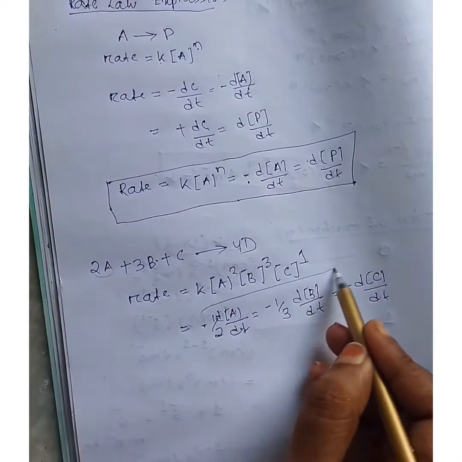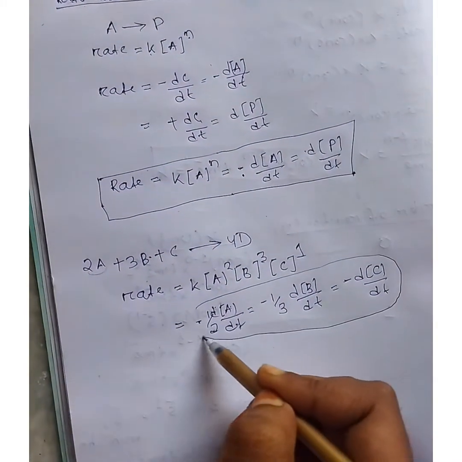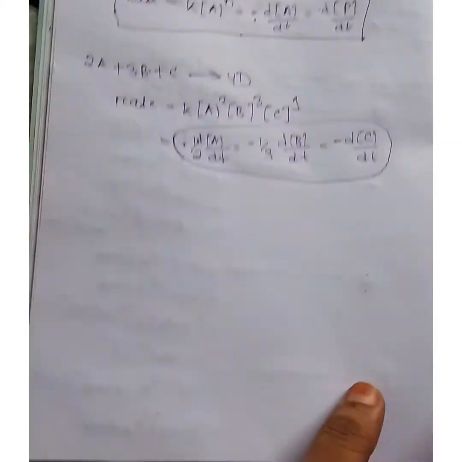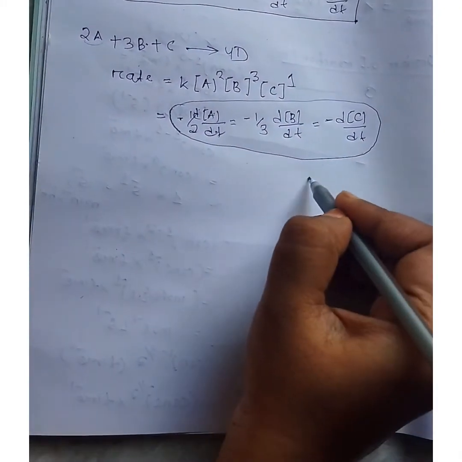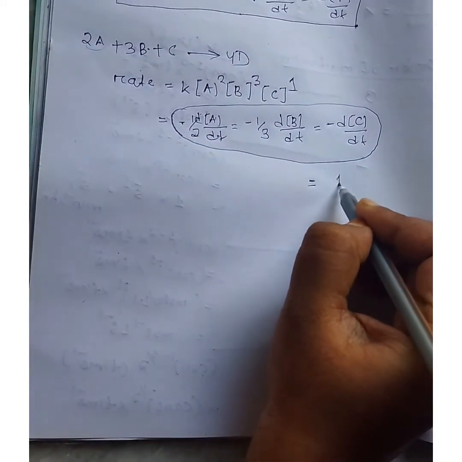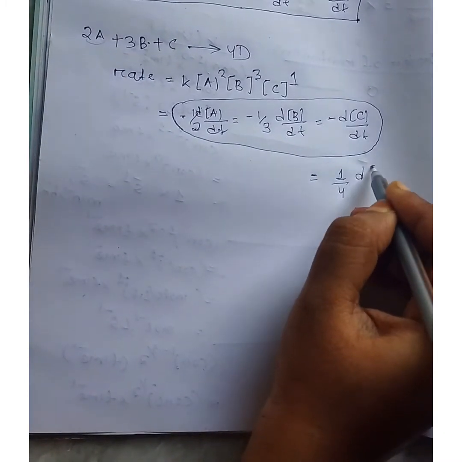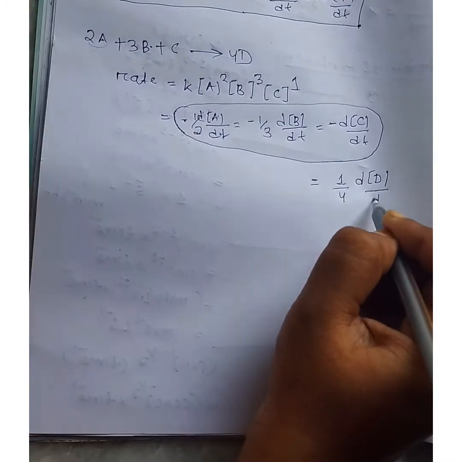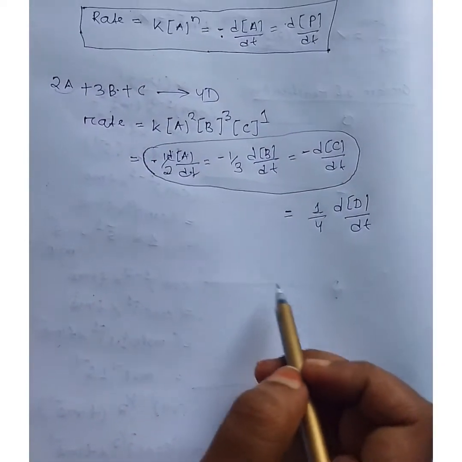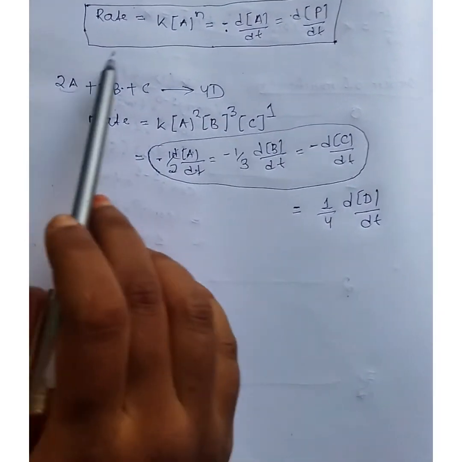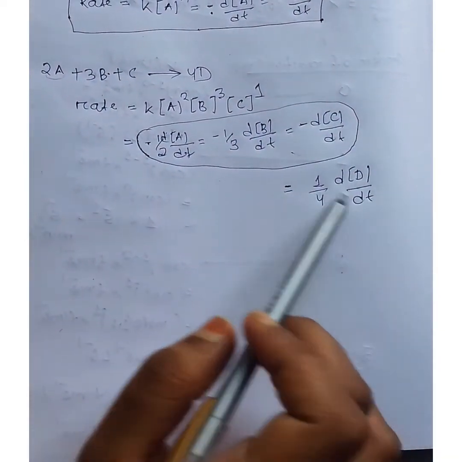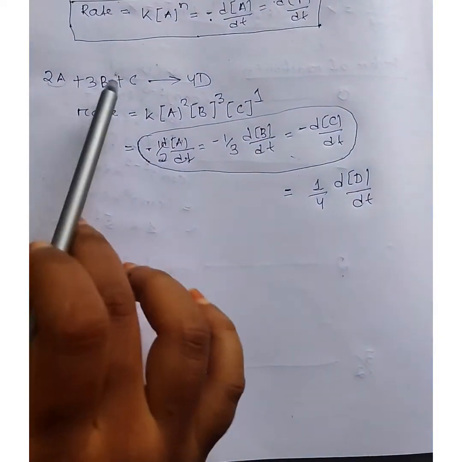This is in terms of reactant. And in terms of product, that is equal to 1 by 4 dD by dt. This is the rate law expression and here is the example.